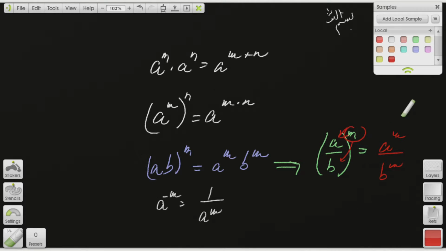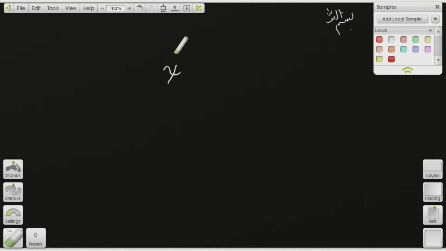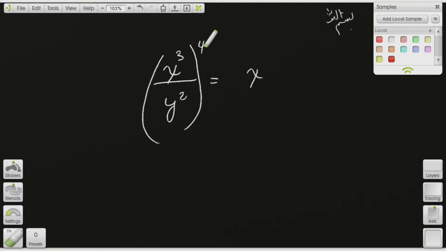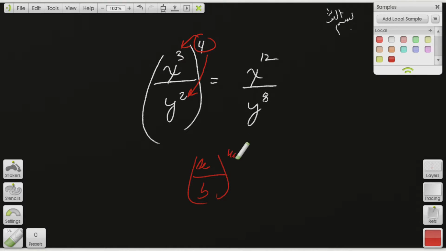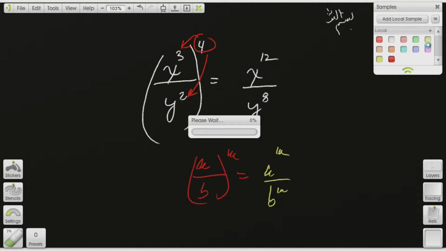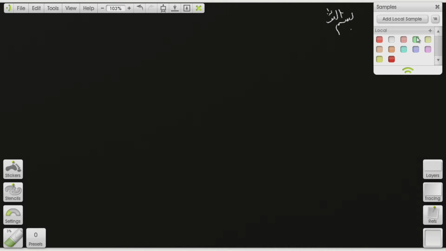No difference. For example, x cubed over y squared, all of this to the power of 4, becomes x to the 12 and y to the 8th, because you distribute the 4 over to both. That's a over b to the m equals a to the m over b to the m. Alright? Now, fair enough.